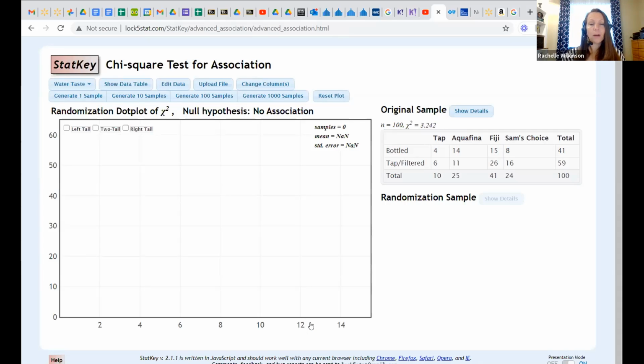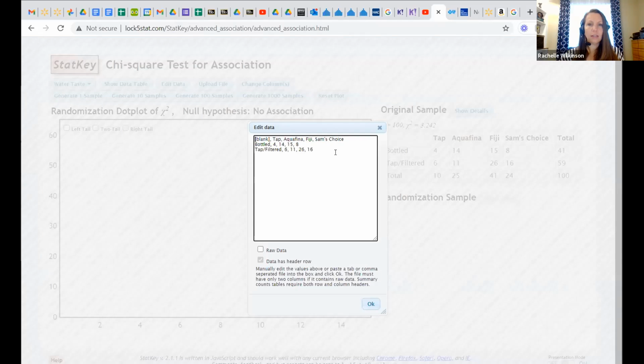And the hardest part here is just getting our data put in. To do that, there might be some data sets from Wiley Plus that are already in there for you, or that you can upload from their data file thing. But sometimes you're going to have to type these in by hand. If you click on edit data, you can kind of see what it looks like.